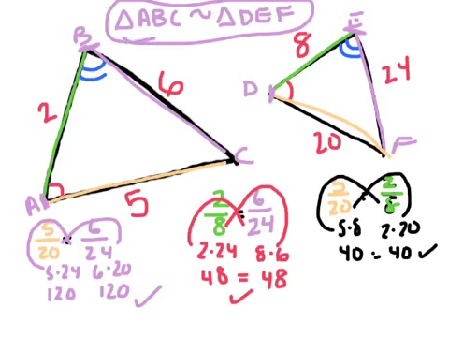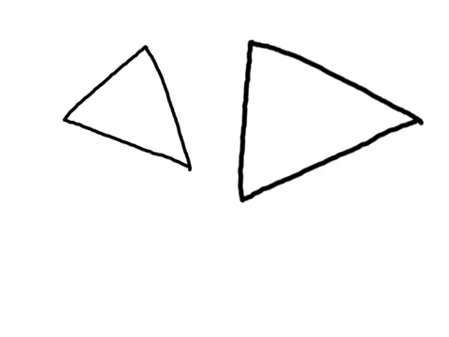What happens if they're not similar to that? Let's make this ABC, and let's make this DEF. Okay. First of all, if the angles are not the same, then it's not going to be proportional. But I could also prove this.